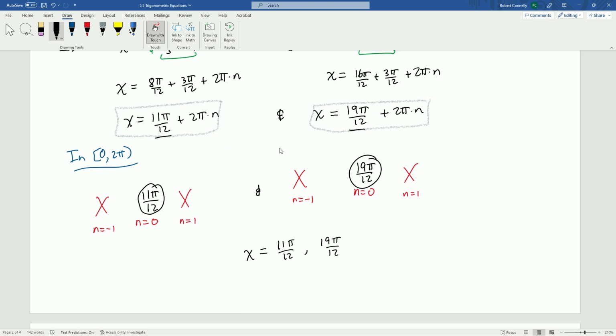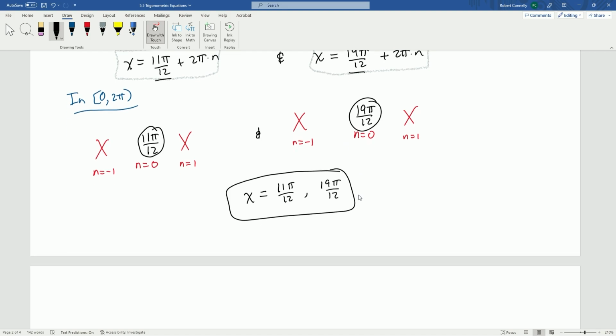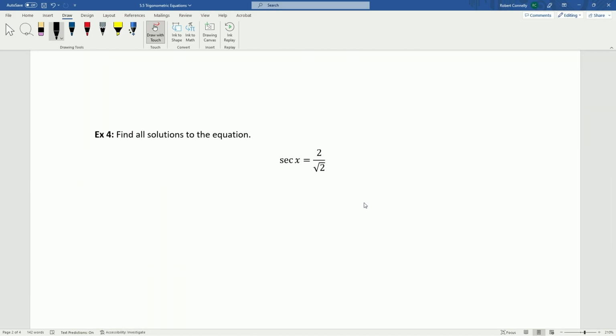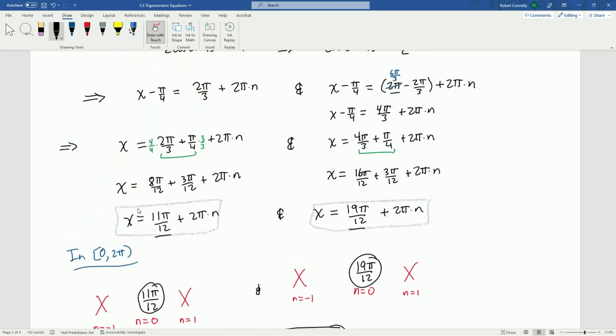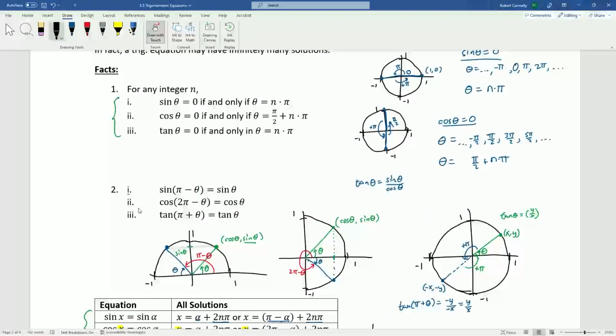Okay, let's go ahead and move on to the next problem. So find all solutions to the equation secant of x equals 2 over square root of 2. Now, this typically is something that I find trips students up a lot, but really it just comes back to the same thing that we said before, which is our goal.